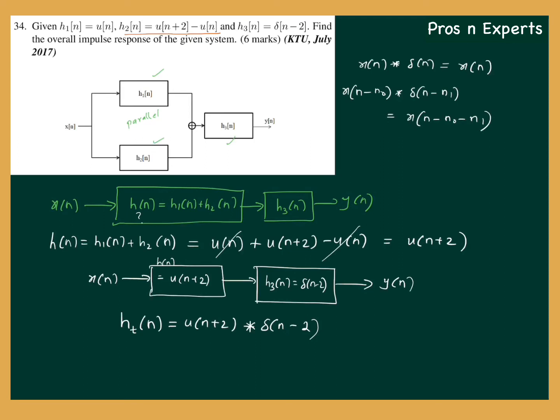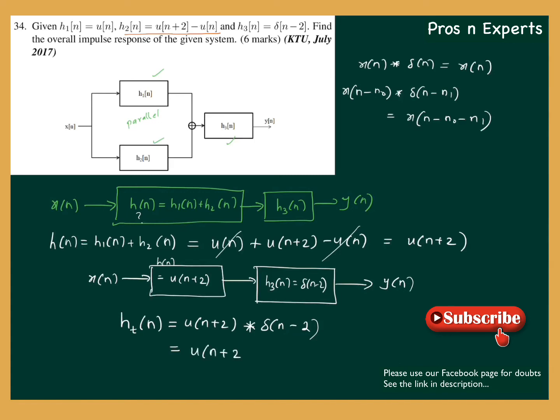So from this result you can conclude ht of n, which is the overall impulse response, as u of n plus 2 minus 2, which is equal to u of n. So u of n will be the overall impulse response of this total system. Okay, that's the final answer.